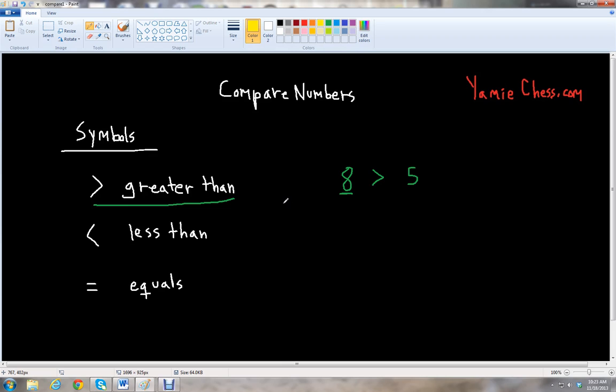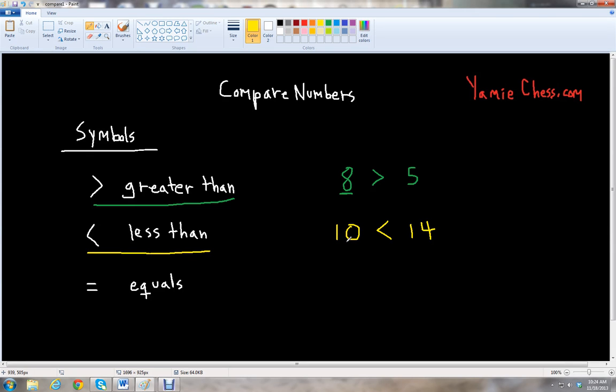Now the second symbol that we use to compare numbers is the less than symbol. Notice that the alligator mouth points the other way. For example, if we're comparing two numbers, 10 and 14, we know that 10 is less than 14, so we're going to use the alligator mouth to point to, or eat, the larger number 14.